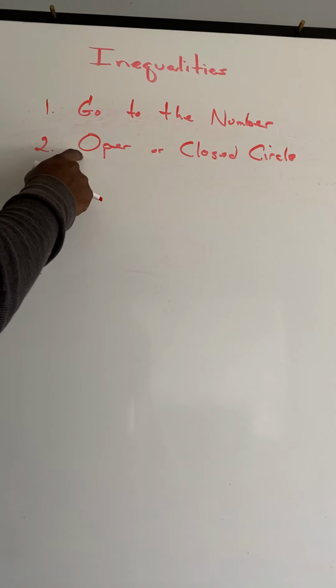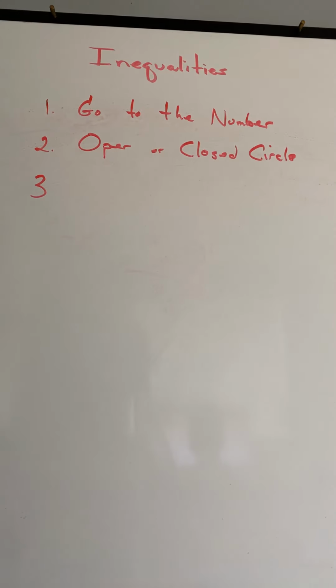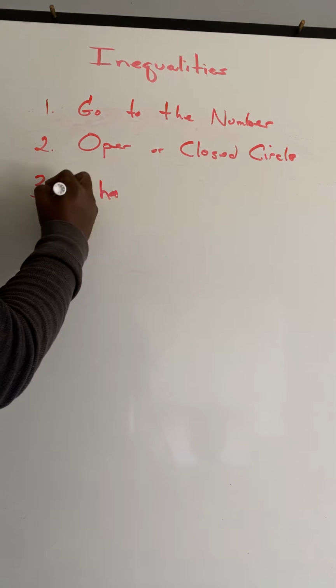The inequality sign is going to determine whether we use an open or a closed circle. The third step is you're going to shade. Shade in which direction?